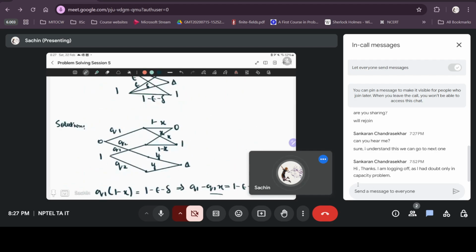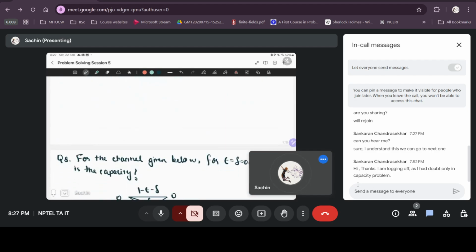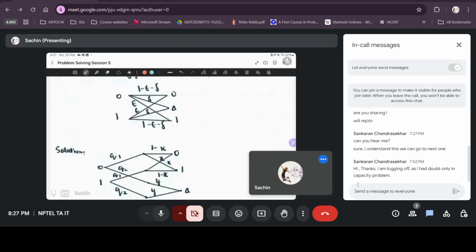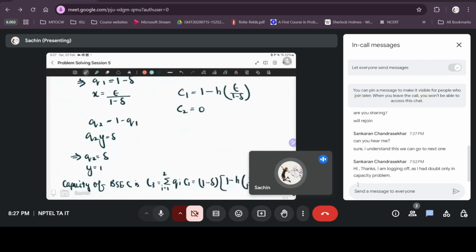So you're left with, here delta was 0.2, so this is 0.8 into 1 minus h of 0.2 by 0.8, 1 over 4, which will turn out to be 0.15 bits per use.